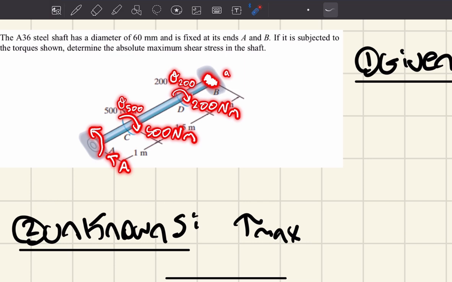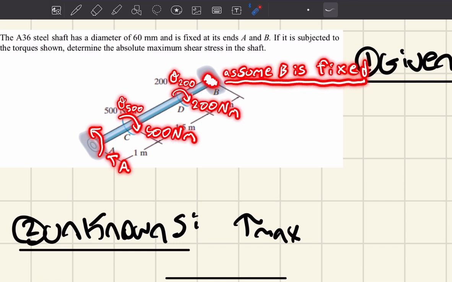We're going to assume B is fixed. The core concept is that we need a reference point, right? Because if we allow all four of them to rotate, where are we going to take our reference? What's going to be our reference?